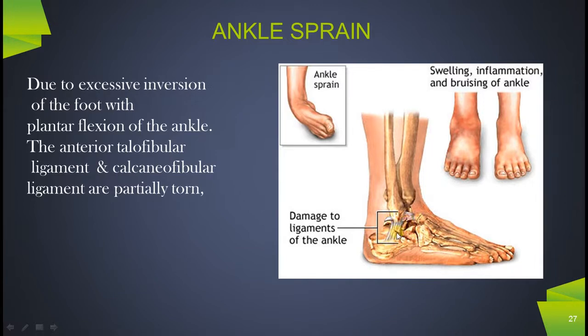They are actually torn. So a ligament sprain can occur, or the ligament might get damaged or injured. You see pain and swelling over the ankle region. That is mainly the ankle sprain, mainly due to sudden inversion with plantar flexion.